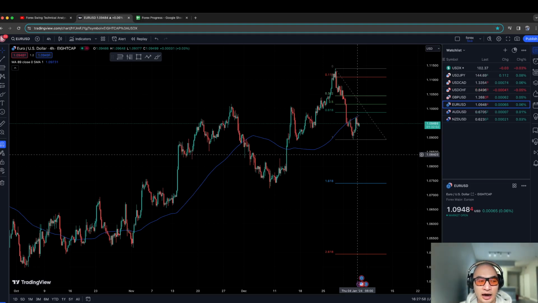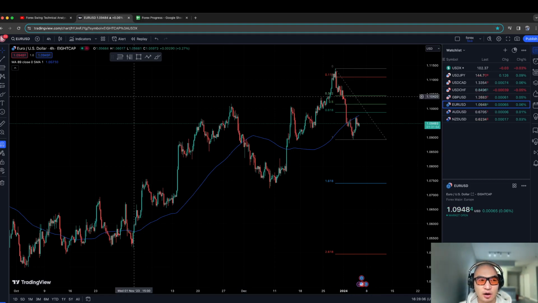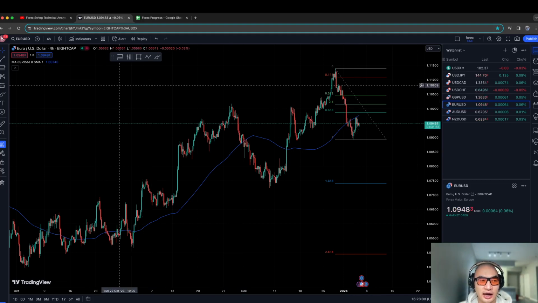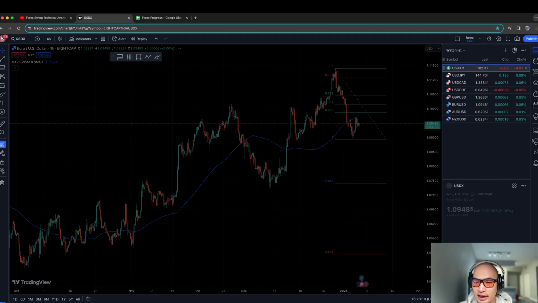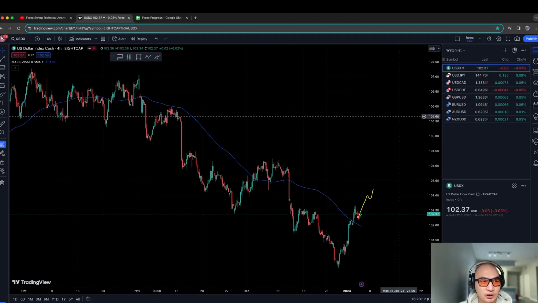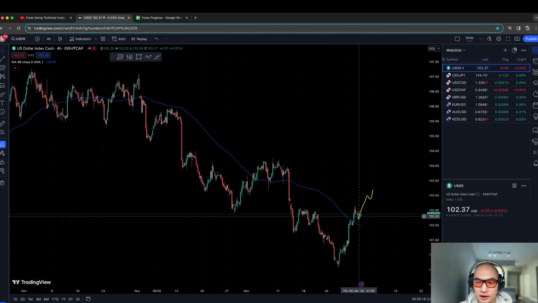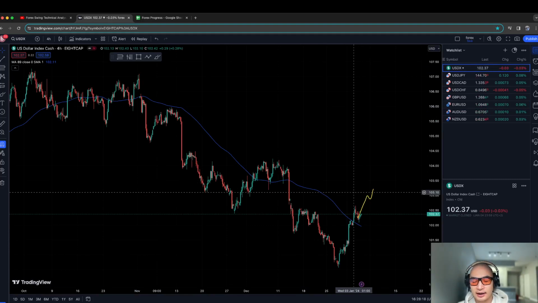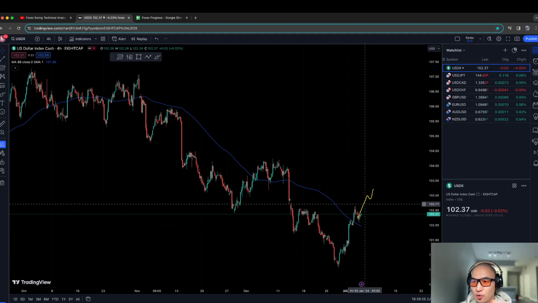The meaning of selling Euro USD is that I'm betting on the fact that the dollar is strengthening against the euro, right? That story matches with our dollar index behavior here. Our dollar index, the USDX chart, is strengthening. So we are eventually betting that the dollar is strengthening.